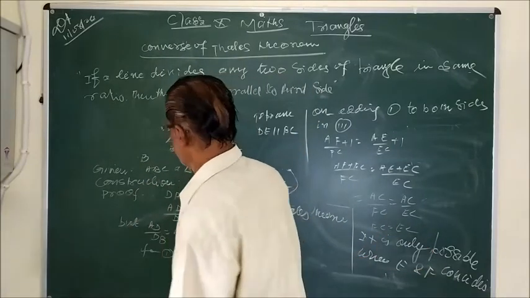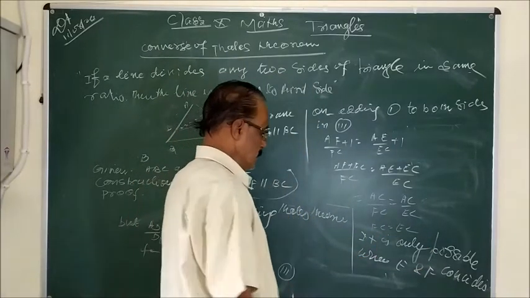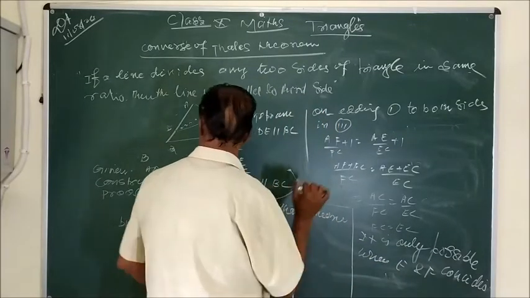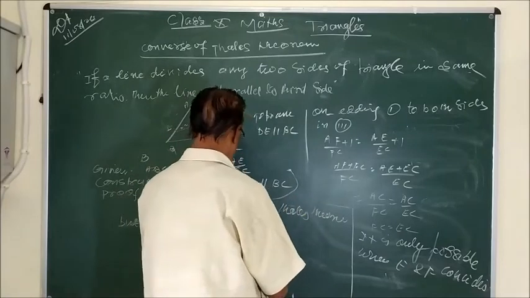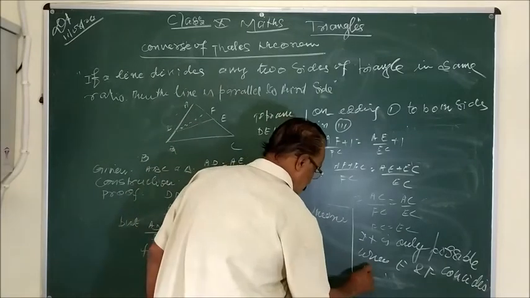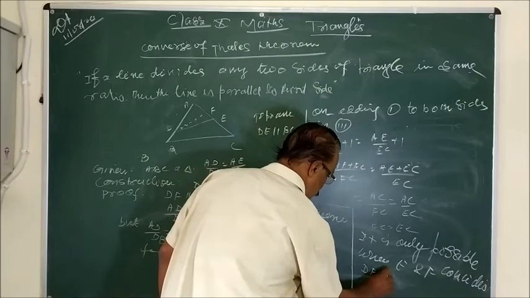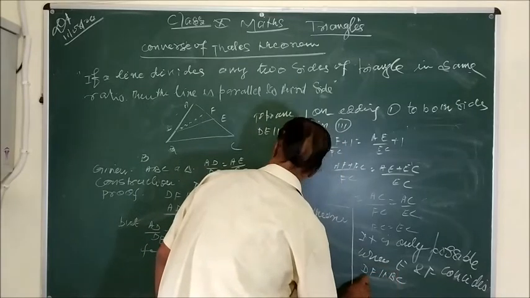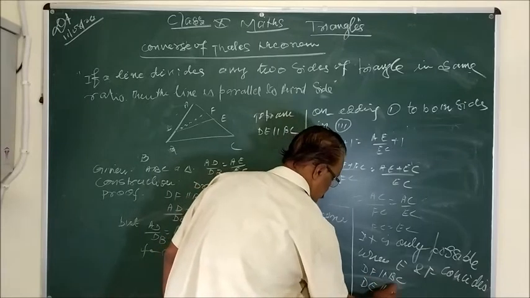It is called coinciding of the figure. So E and F are not two points, they are one point. Now since we have drawn DF parallel to BC, DE is also parallel to BC.